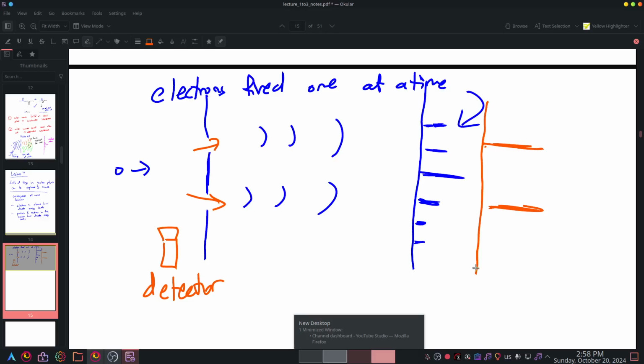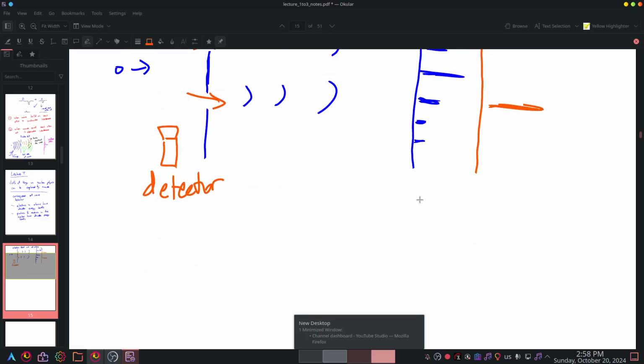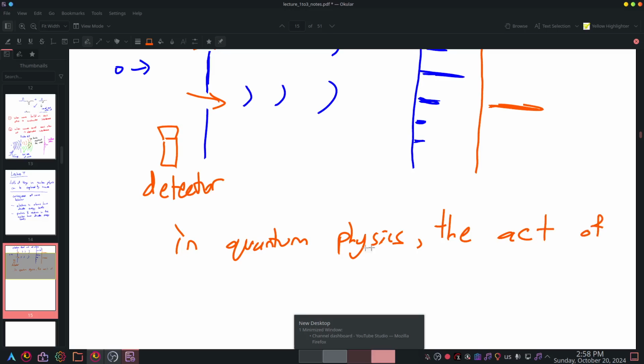So in quantum physics, the act of observation changes the experimental results.